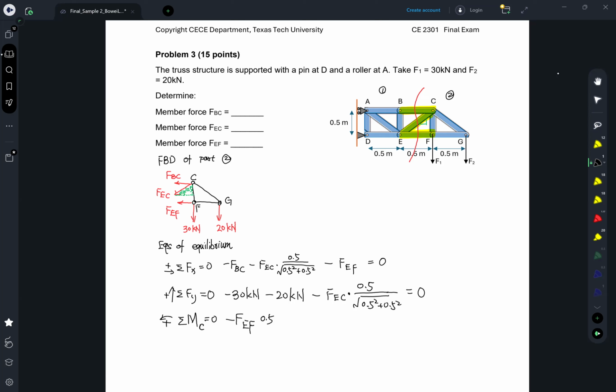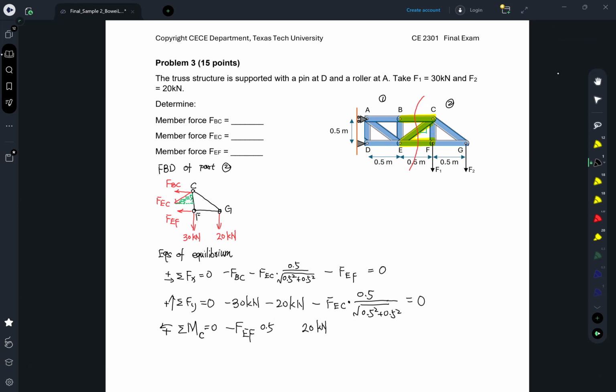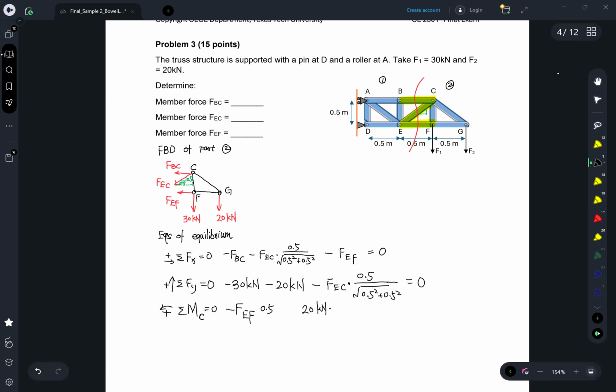We only have the 20 kilonewton force times the distance between its line of action and C, which again equals 0.5, right?